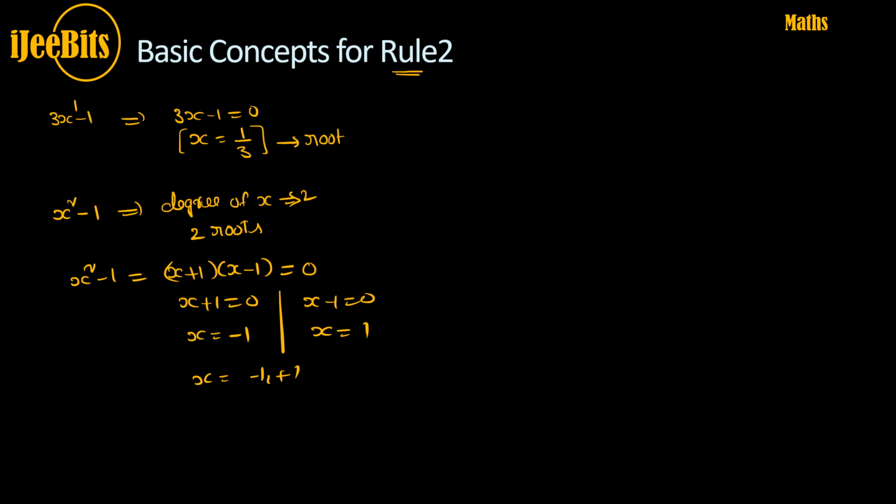Similarly, if you look at 2x plus 1 divided by x square minus 1, how do you write this?